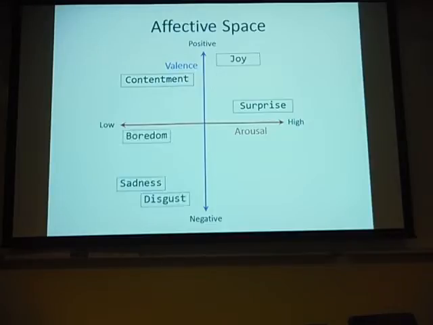And similarly with emotions that have more of a negative valence, there are those that have a low arousal associated with them, that would be things like boredom, sadness, or disgust, and emotions that have a higher arousal associated with them, like shame, anger, and fear. So again, it's just a different way of thinking about these that is slightly more dimensional than the James-Lange or the Cannon-Bard theories.